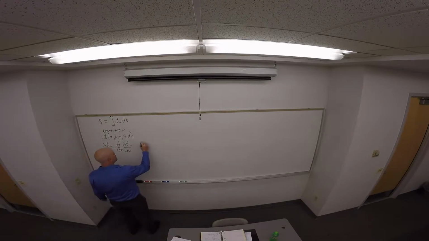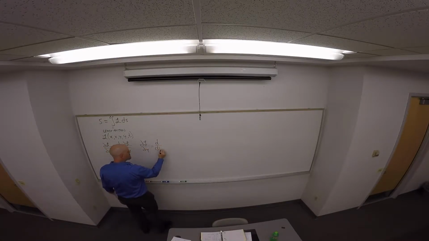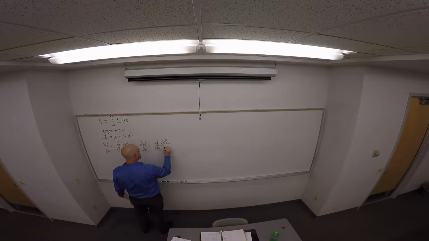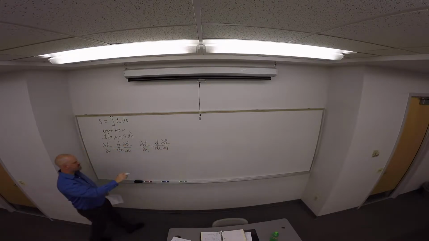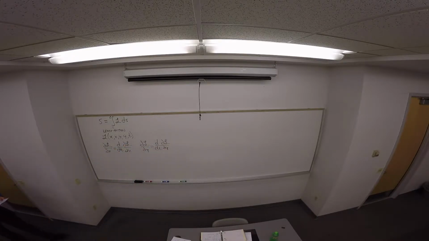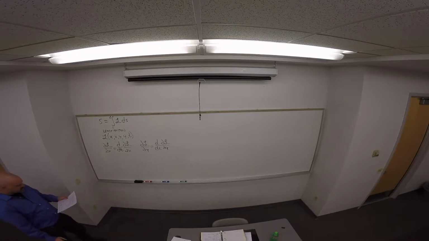The other dimension is going to look like dL/dy is equal to d/dt of dL/dy dot. Okay. Well, what does this end up looking like in general?